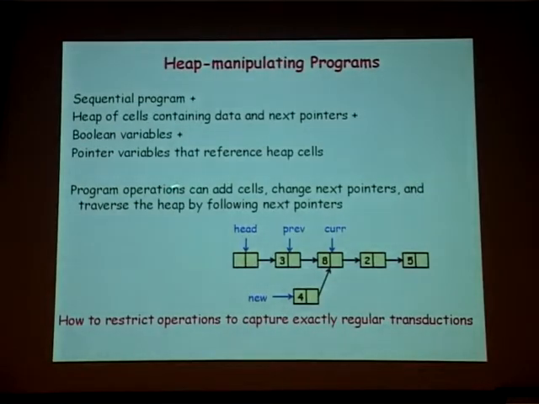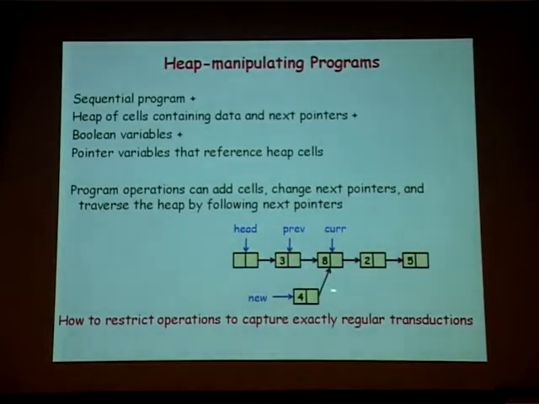So what's this class? Here is how a program looks. It's a sequential program, and the data is stored in the heap. The cells hold a data value and the next pointer. The programs can have Boolean variables, pointer variables, and so on. The key is how we represent the heap. Here is how a typical program configuration may look.